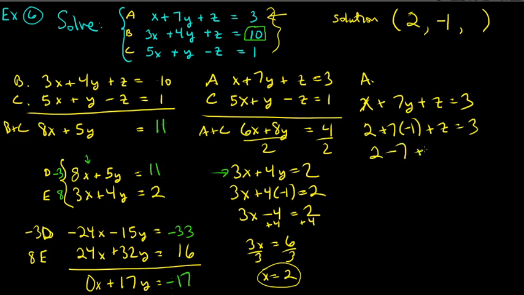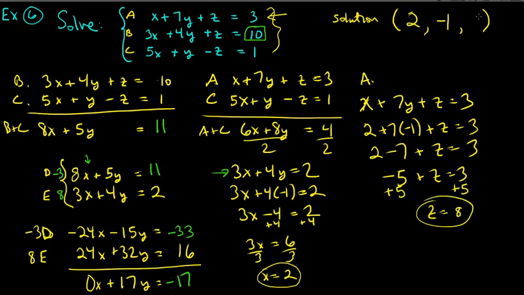So 2 minus 7 plus z equals 3. 2 minus 7 is negative 5. And negative 5 plus z equals 3, so add the 5 to both sides. You get 0 plus z equals 8. So z is 8. And there's our solution. So 2, negative 1, 8.